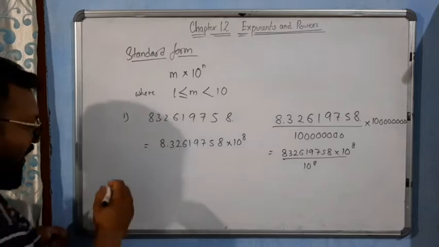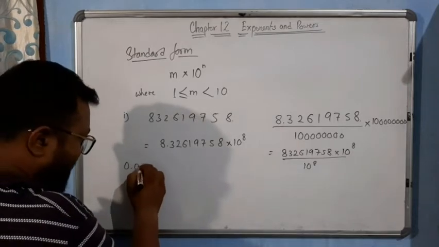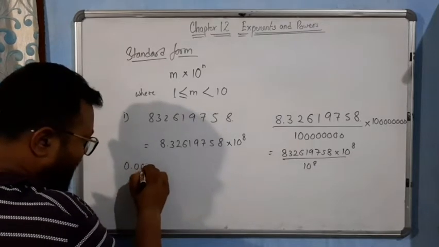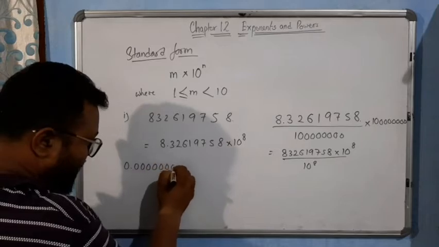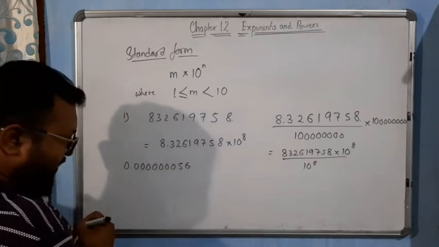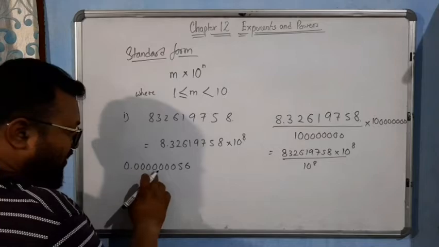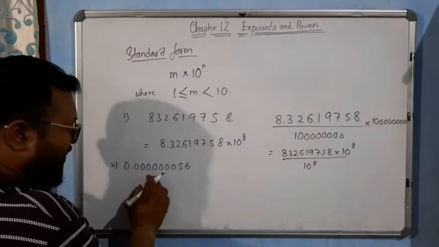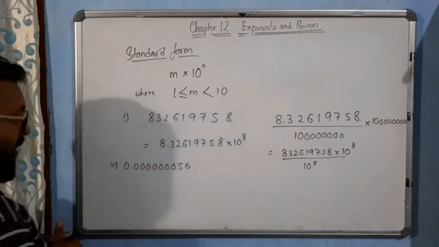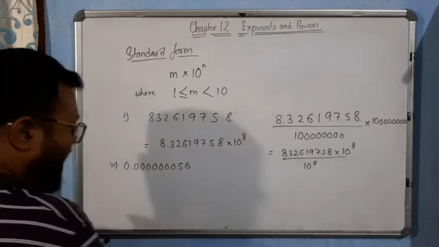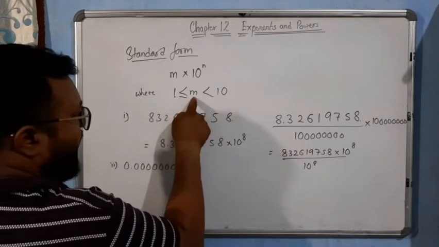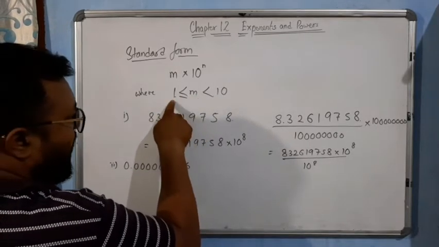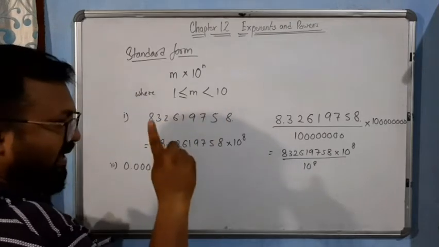Now if somebody gives you a number like 0.00000056, it is very much less than 1, but we have to make m lie between 1 and 10, which means a single digit number.